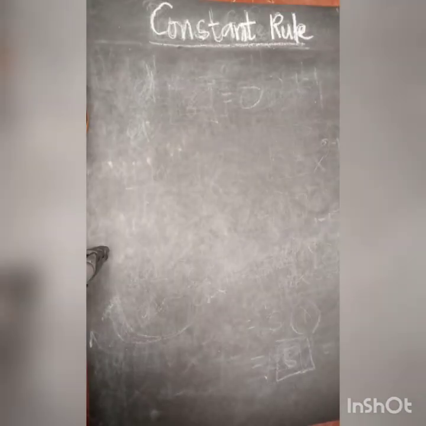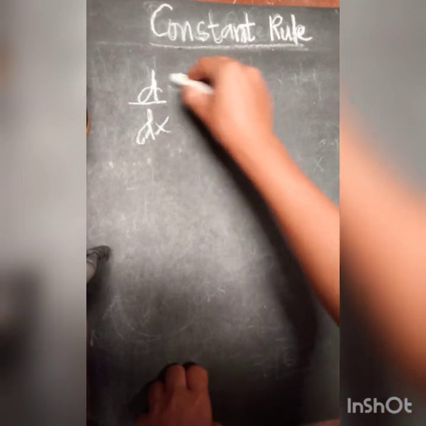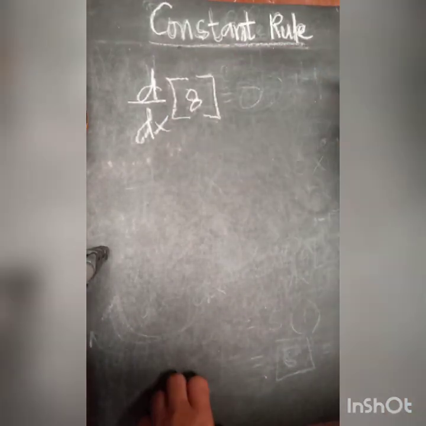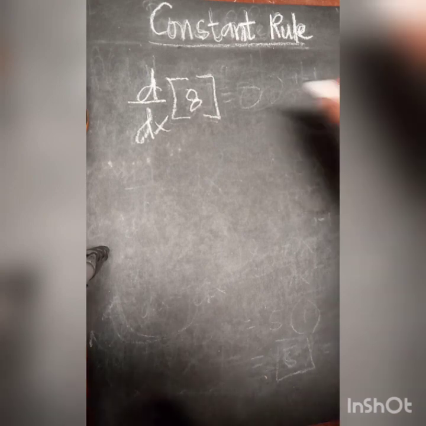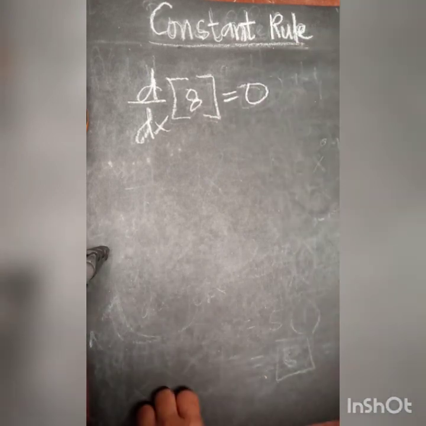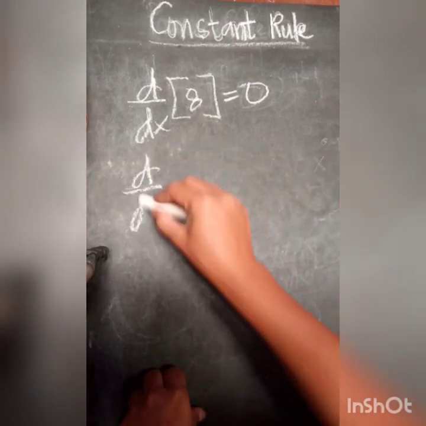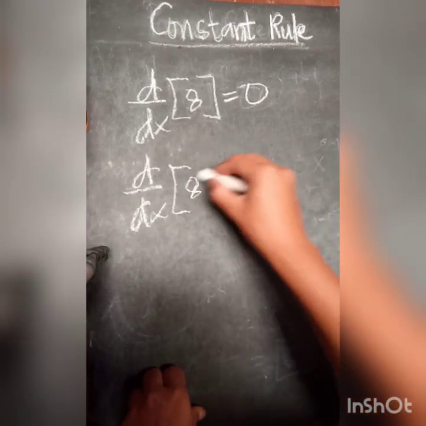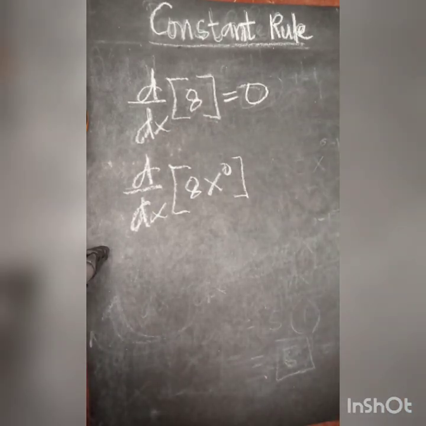Let's proceed to the constant rule. Try to find the derivative of 8. Keep in mind that the derivative of any constant is 0. One way to show this using the power rule is you can rewrite 8 as 8x raised to the power of 0, because x raised to the power of 0 is equal to 1.